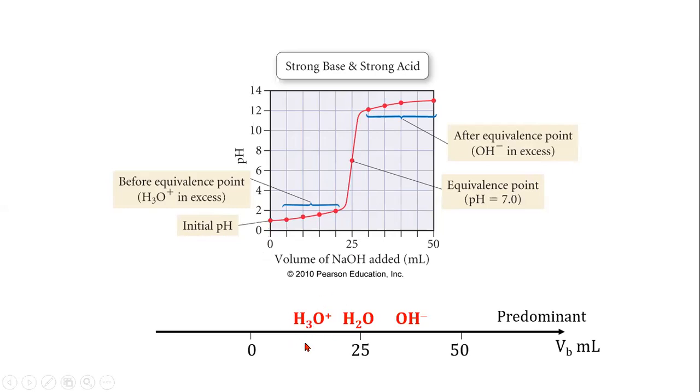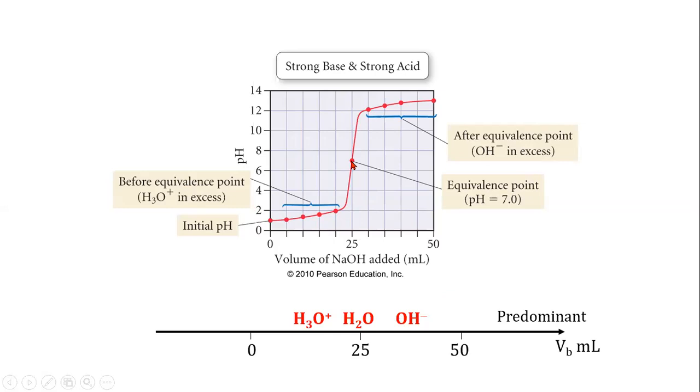So if I started with H3O+, the strong acid, in my flask, my initial pH would be the pH of that strong acid. As I add more OH- before the equivalence point, I always have more H3O+ than I have added OH-.